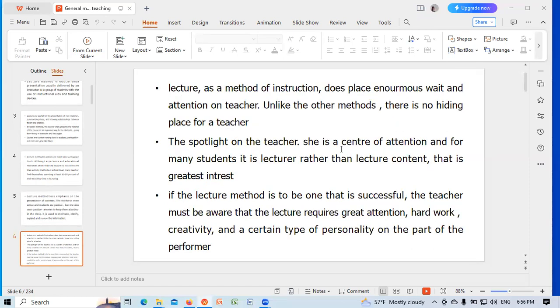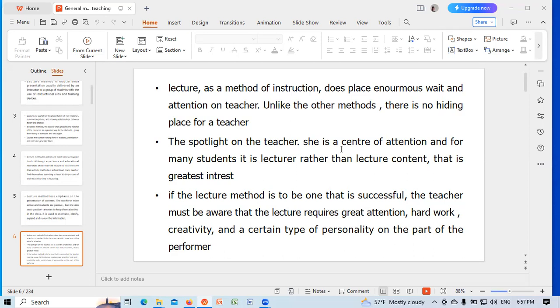Lecture as a method of instruction places enormous weight and attention on the teacher or professor. Unlike other methods, there is no hiding place for the teacher. The spotlight is on the teacher, who is the center of attention for the many students.